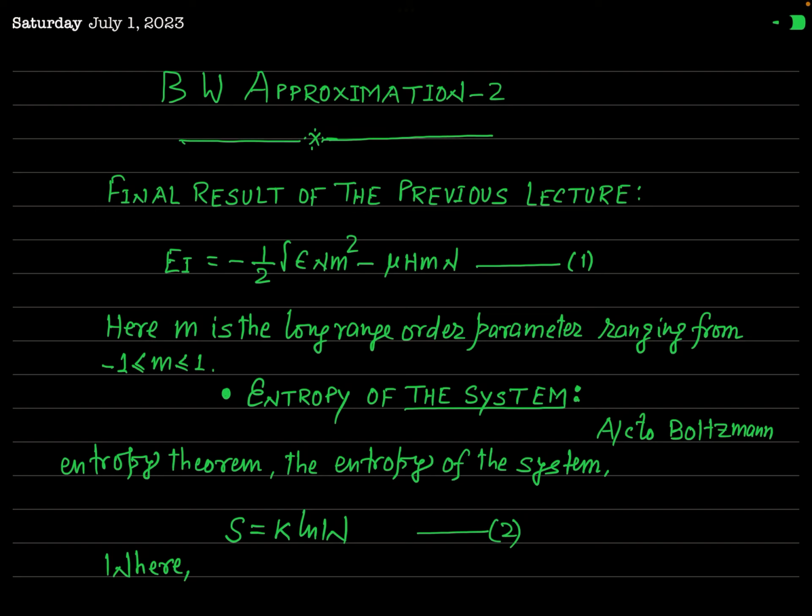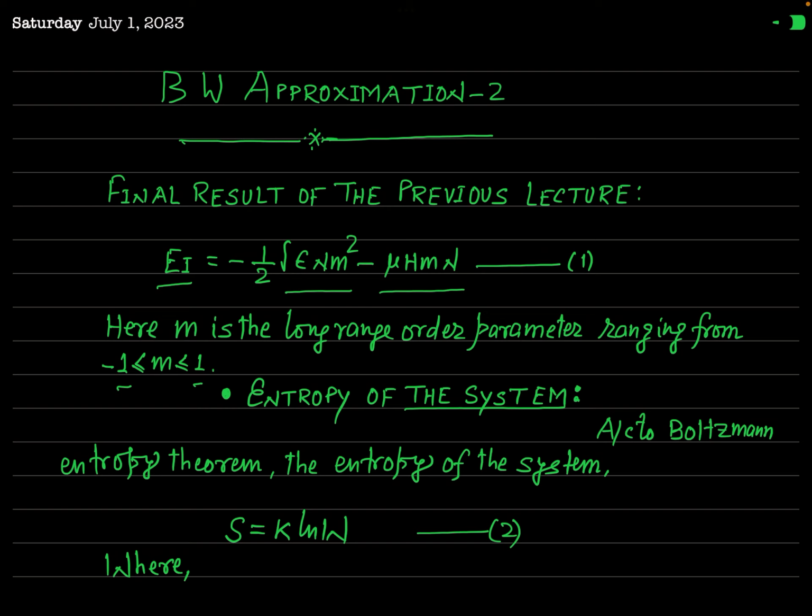I have mentioned here for your convenience the final result we obtained in the previous lecture for the interaction energy, given by E_I = -1/2 γ ε N m² - μ H m N. In this expression, m is the long range order parameter, and its value lies between -1 and +1.